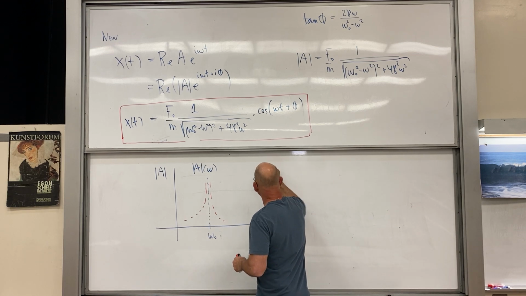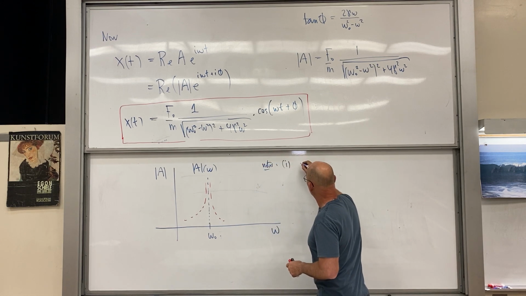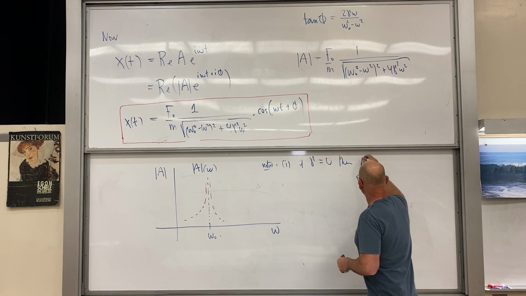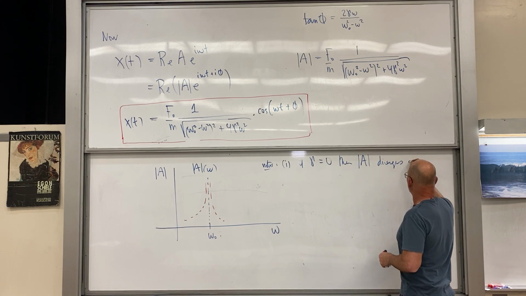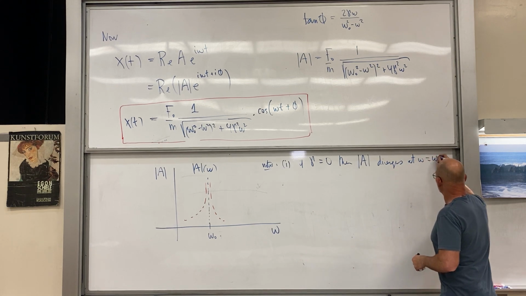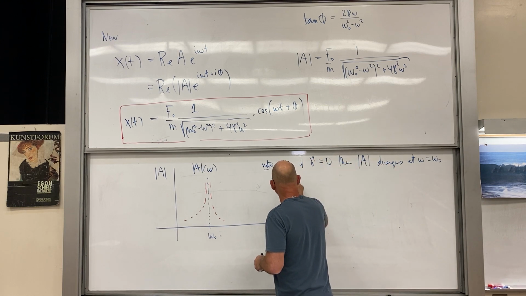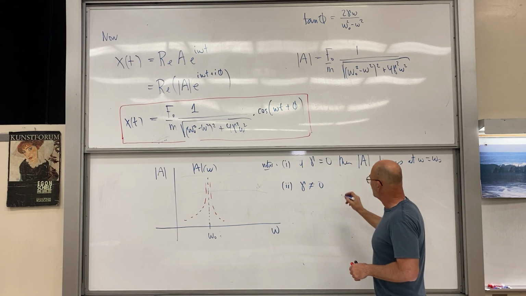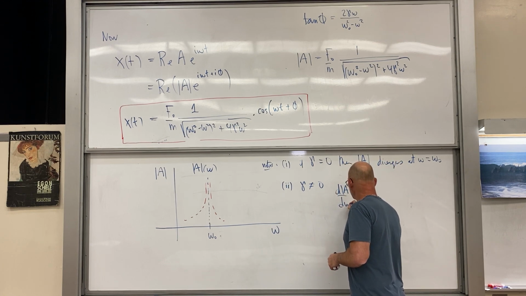So I'll just put a couple of notes here. First one, if gamma equals 0, then amplitude diverges at omega equals omega 0, clearly. So the second case, gamma is not equal to 0. Let's do d amplitude d omega.